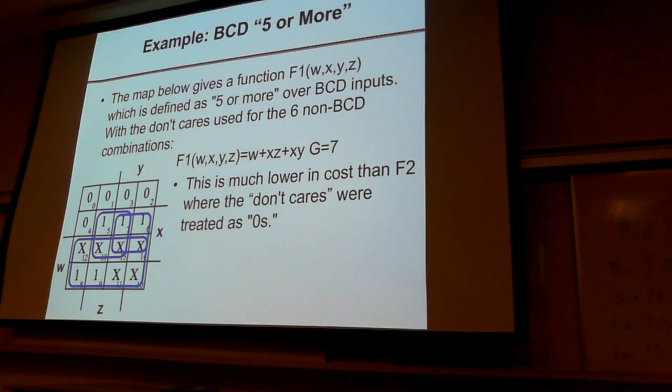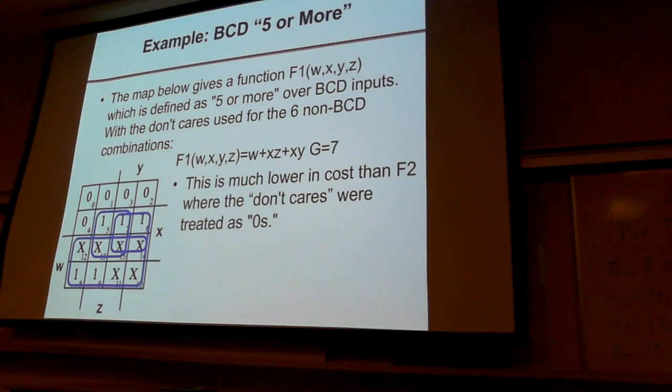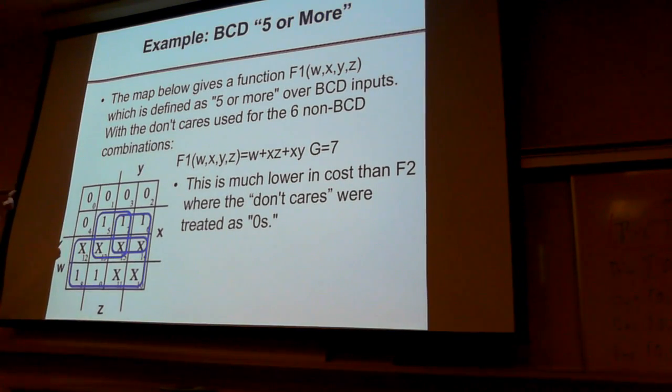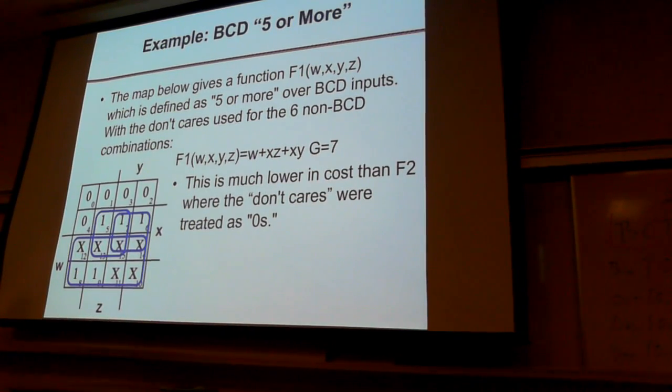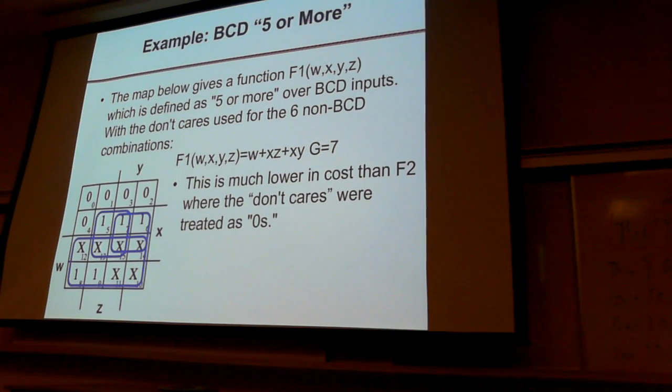Yes? Do we not care because we're using BCD? Correct. I'm using this function to generate BCD. Now, having at this point been looking at purely software and not hardware, you're thinking, wait a minute, mathematically, you're going to generate unique answers, right?